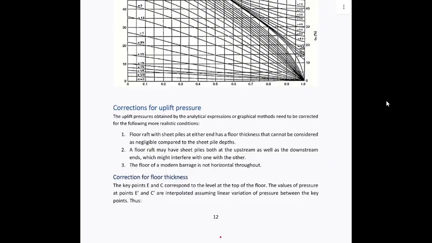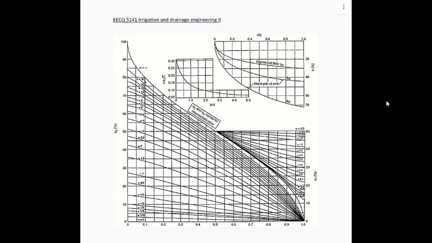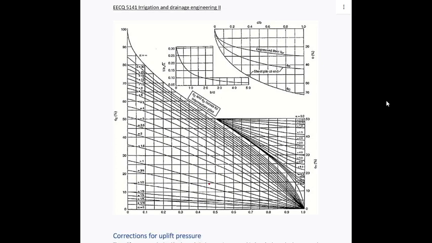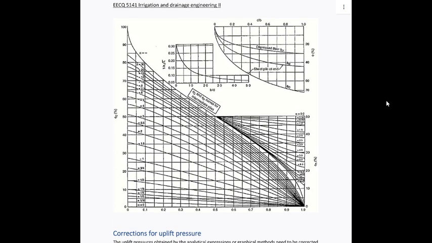I've repeated the same down here, and in this lower one, I've added the phi C and phi D curves for intermediate piles, and the calculation is still the same.